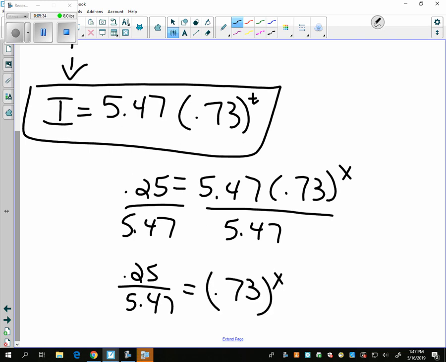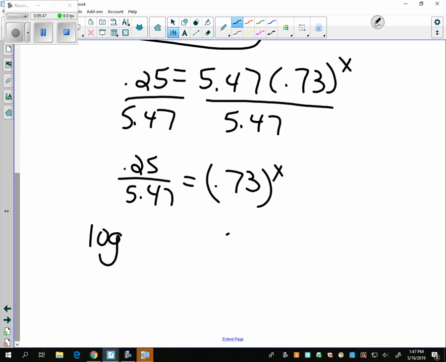All right, so then remember, whenever we're solving for a variable and we have to bring it down, we have to take the log of both sides. Remember that? So you take a log of this side, and then you take the log of this side. What happens to the x? Where does that go? Yep.